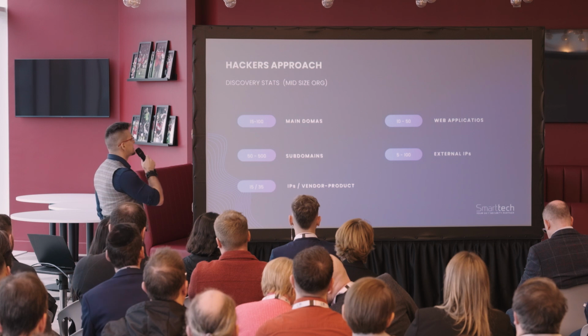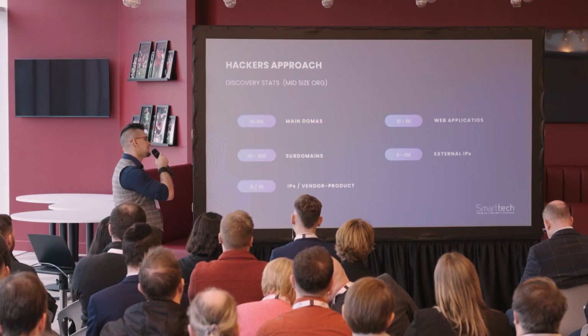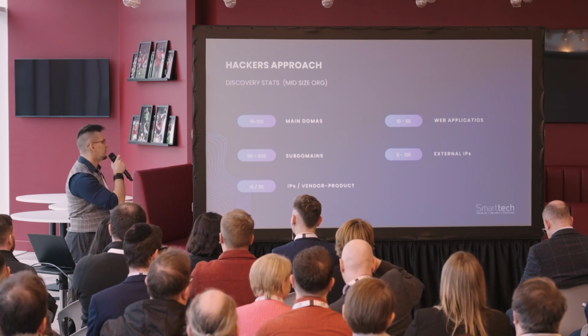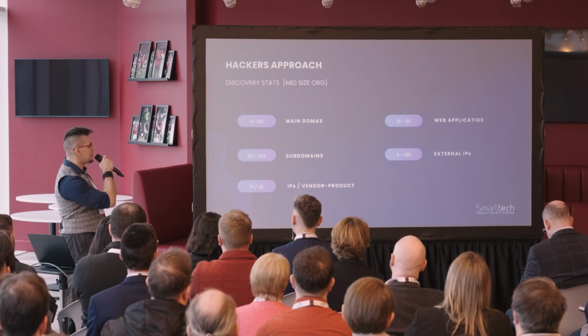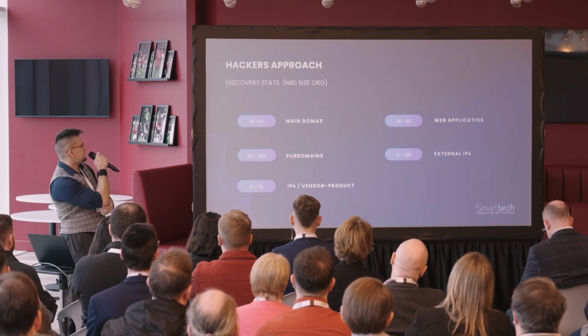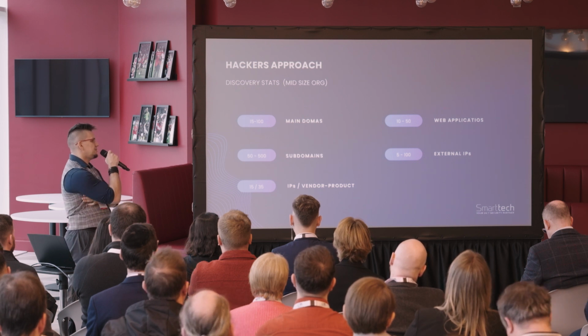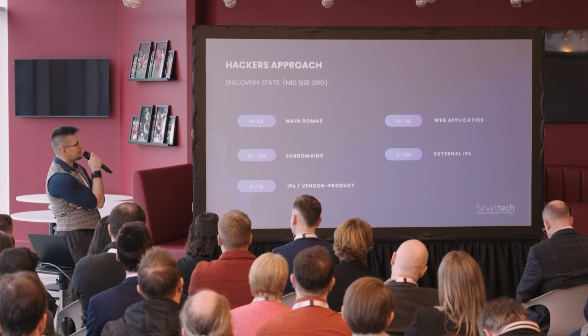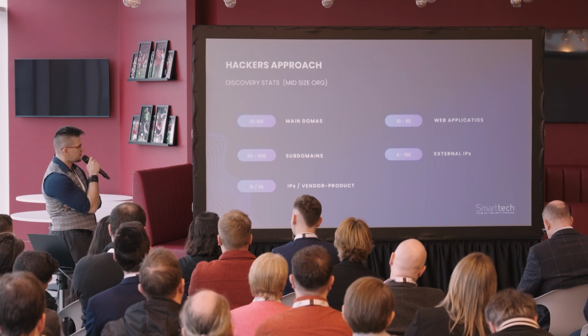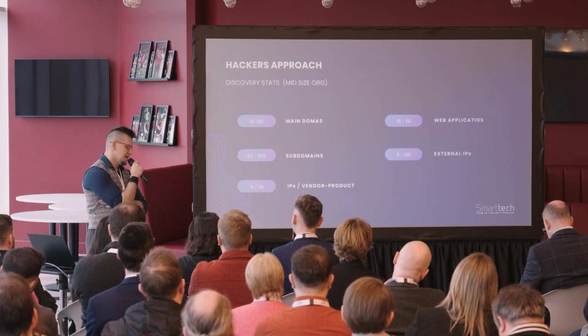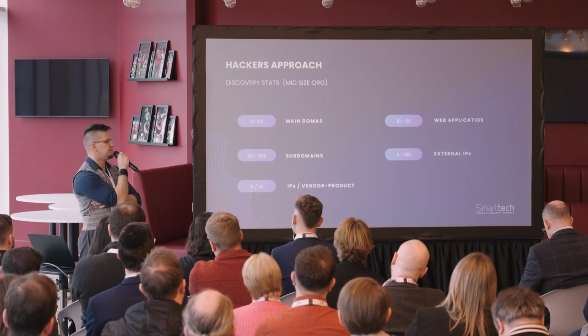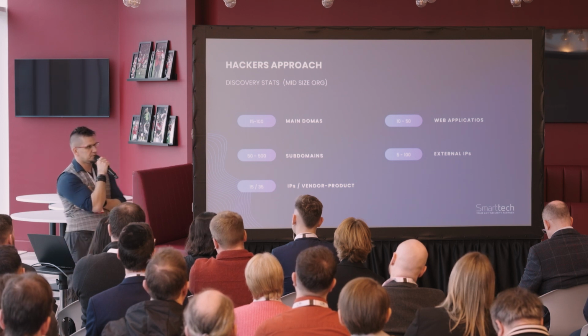Some statistics. A typical mid-sized organization can hold 15 to 100 main domains, 50 to 500 subdomains, 10 to 50 web applications, 5 to 100 external IP addresses. For every 15 IP addresses, we get around 35 different vendor product technology stacks.